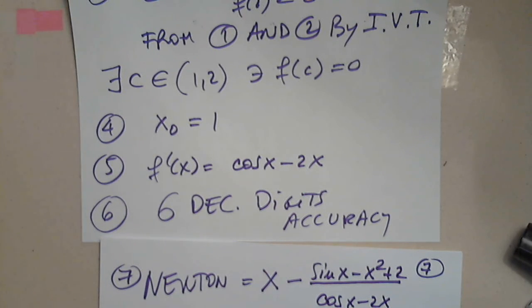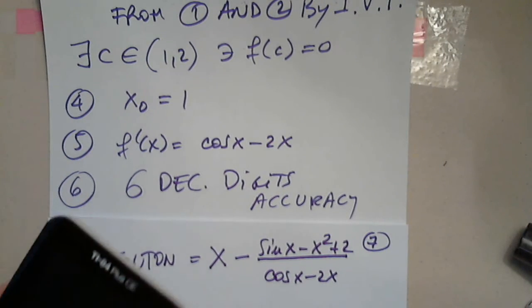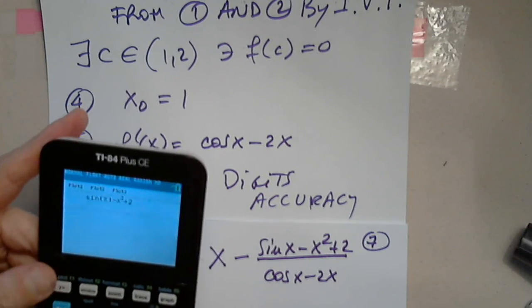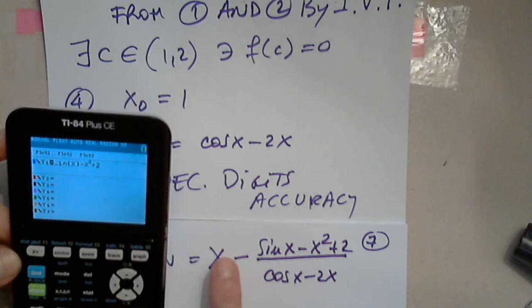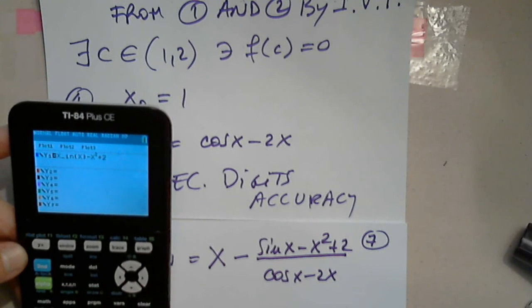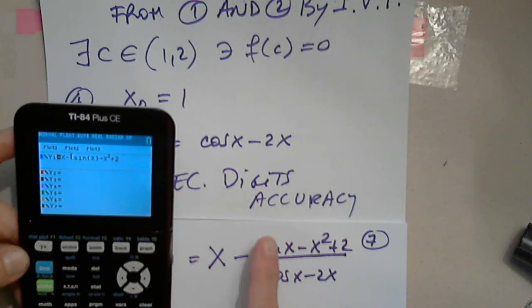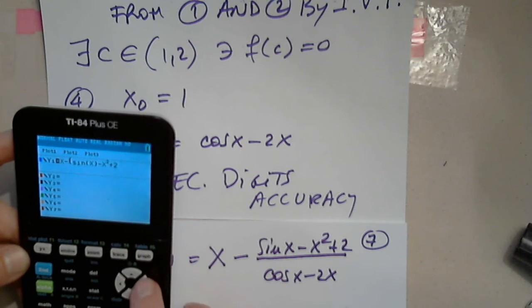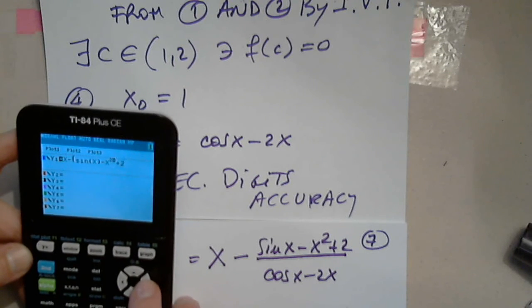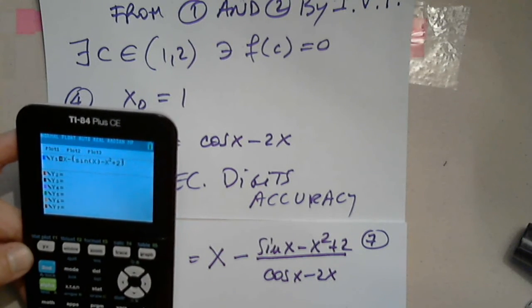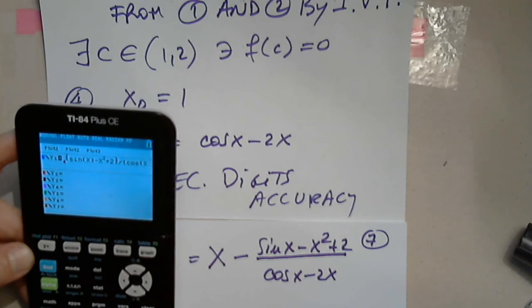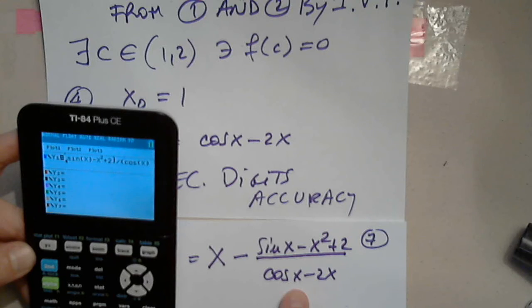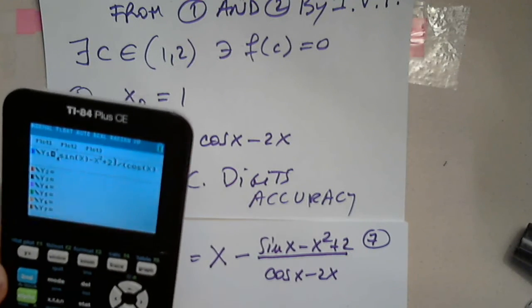Don't erase the function. We are going to use it. So I don't have to type it in again, but I have to insert an x and minus. So x minus and parenthesis for the numerator. Go all the way till the end. Close the parenthesis and divide by another parenthesis, which is cosine x. Close the parenthesis for cosine and minus 2x.